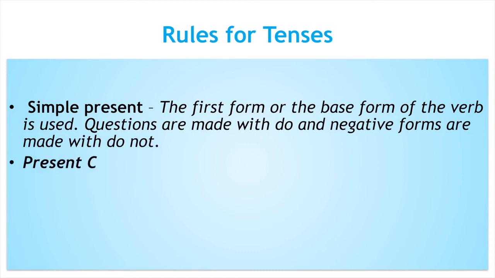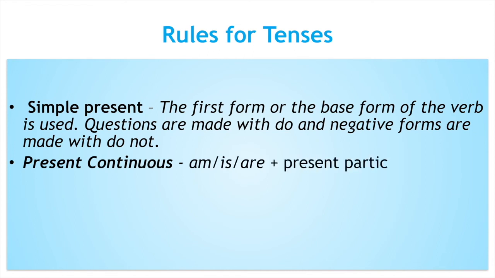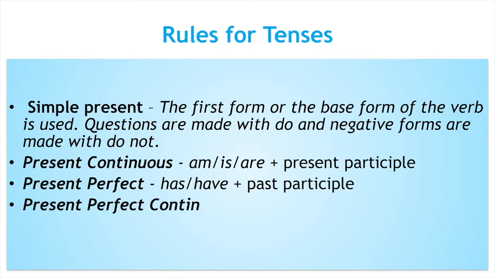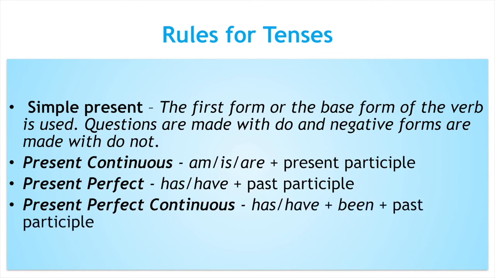In present continuous tense, am, is or are plus present participle is used. In present perfect, has, have and past participle is used. When we use has or have plus been plus past participle, we get the present perfect continuous tense.